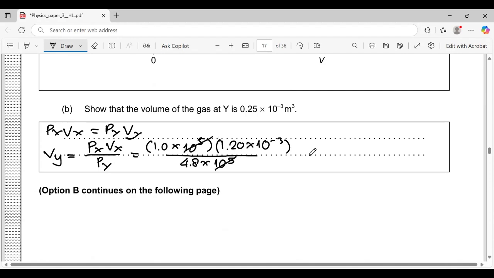If you calculate, the result is 0.25 times 10 to the power minus 3 m cubed.